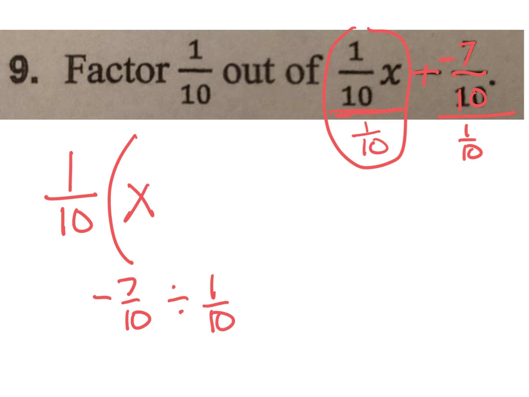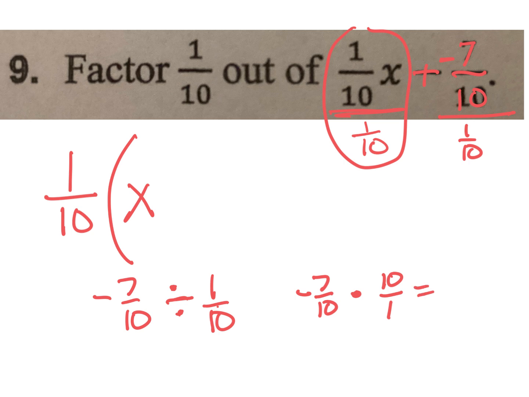And when I divide fractions, I have to do keep, change, flip. So I keep the first thing, negative 7/10. I change the division to multiplication, and I flip the other number, or I take the reciprocal of it.